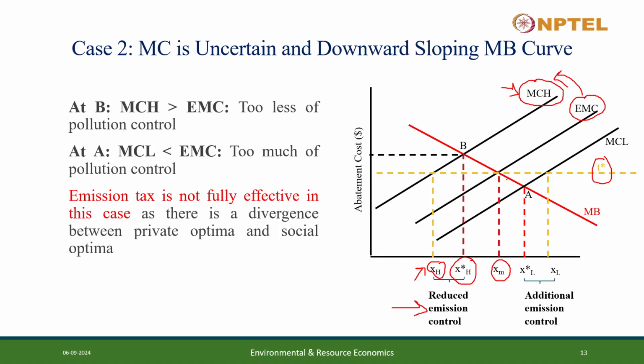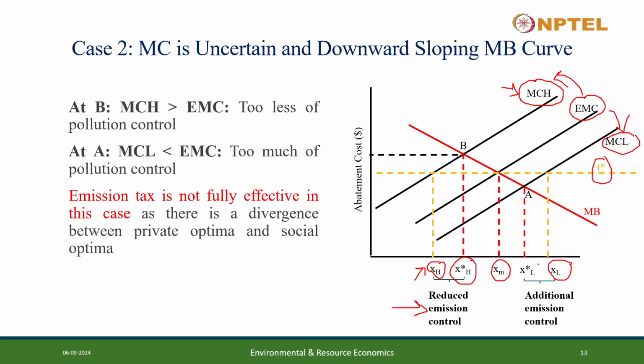So now in the second case, marginal cost is lower than the expected marginal cost. Now let's say that the tax system is this yellow line, and when the yellow line intersects with MCL, then we get the level of abatement XL.